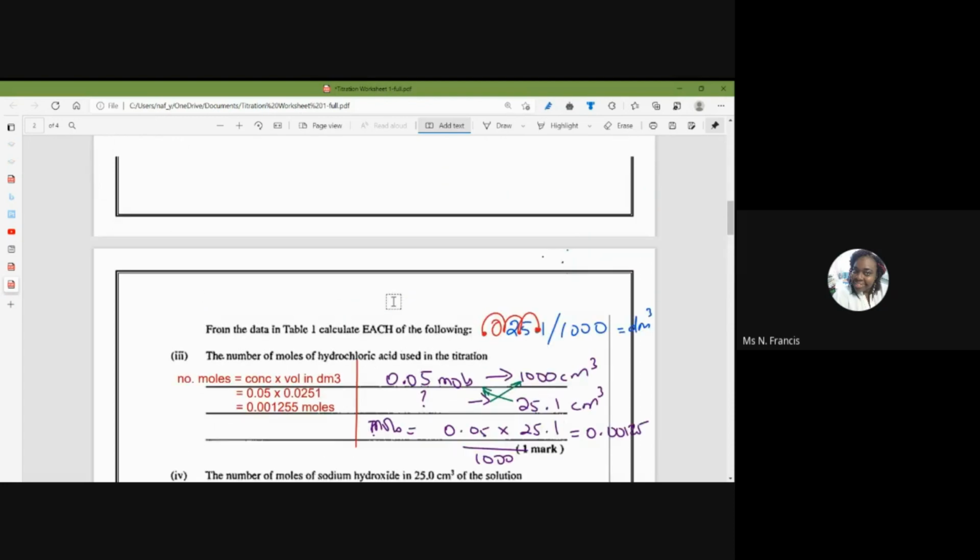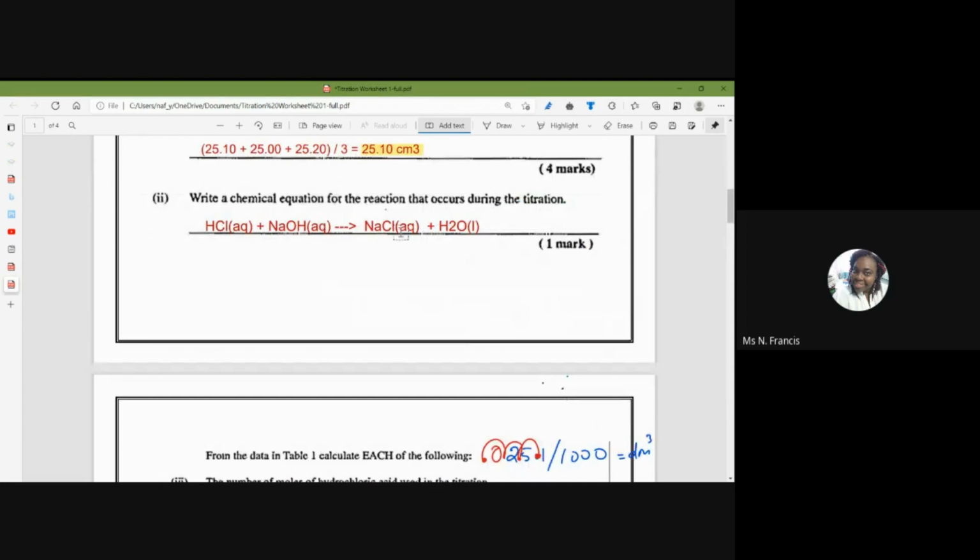Now, the mole ratio comes from this equation here. All right. Now, we are looking at the mole ratio between the acid and the base, not the products this time. All right, what's the mole ratio between the acid and the base? What can you say?